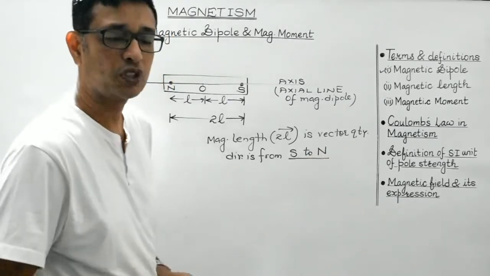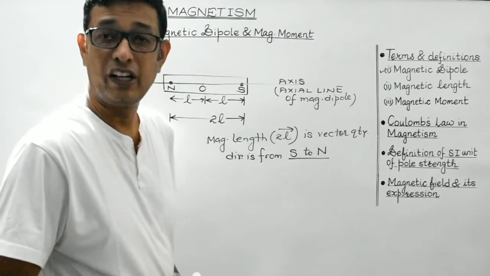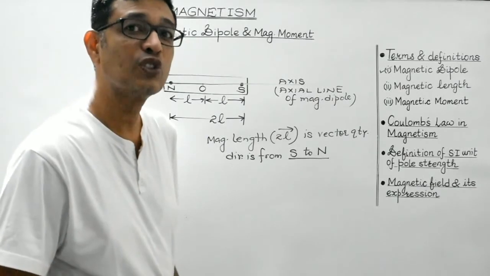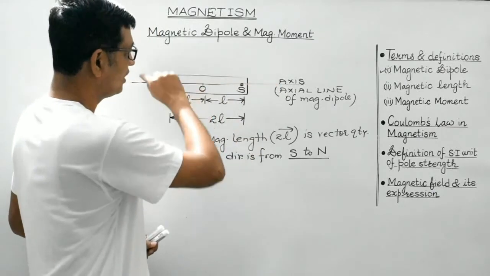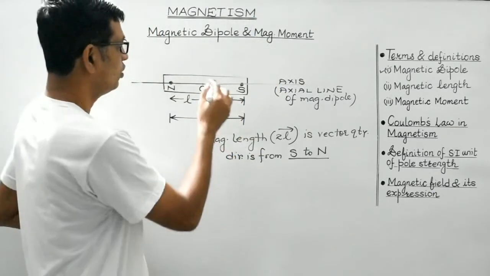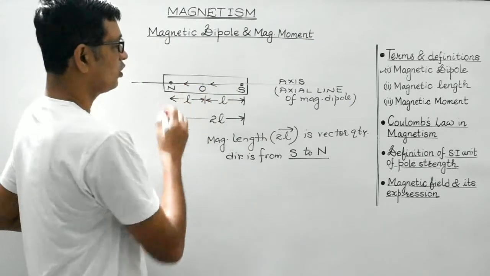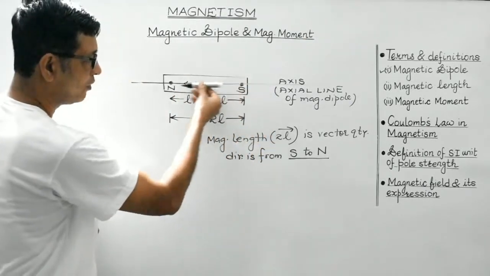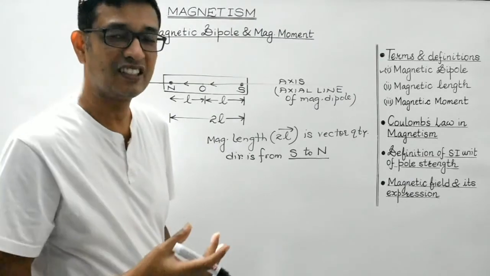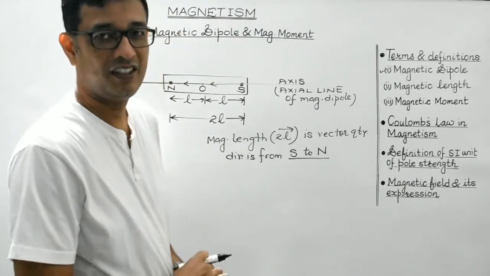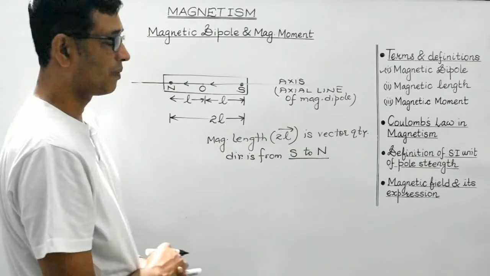We have discussed the field lines. Field lines are in the form of continuous closed loops. Inside the body of the magnet, it is from south to north, and outside it is from north to south. So magnetic length is always directed from south to north, and it's a vector quantity. Obviously it's a length, so its SI unit is meter. So that's magnetic length.